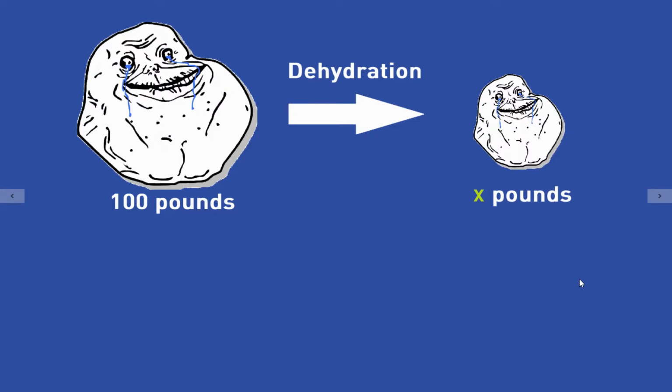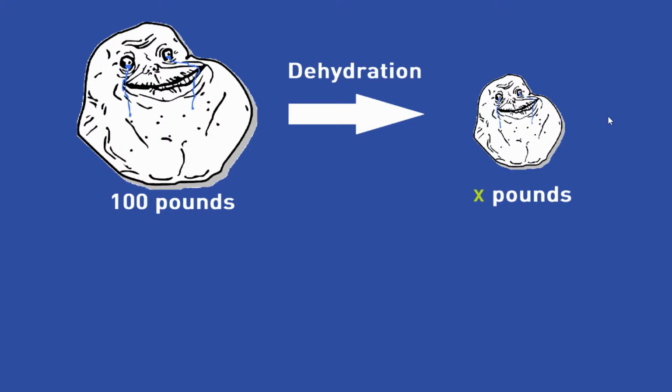So first of all, you have 100 pounds of potatoes. These potatoes get dehydrated and lose water. In the end, they weigh something else because of the dehydration. Let's call the new weight x.